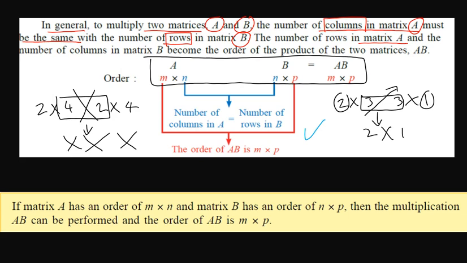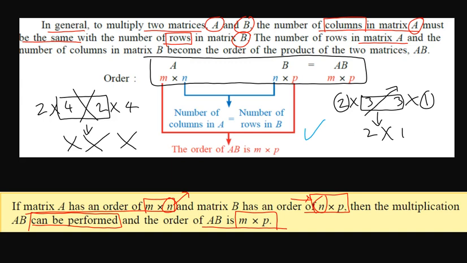So if matrix A has the order of M by N and matrix B is N by P, then the multiplication AB can be performed. Why? Because you have the same column and row for the other matrix. The order of AB will be M by P. So you better be careful with the order of the matrices before you multiply.